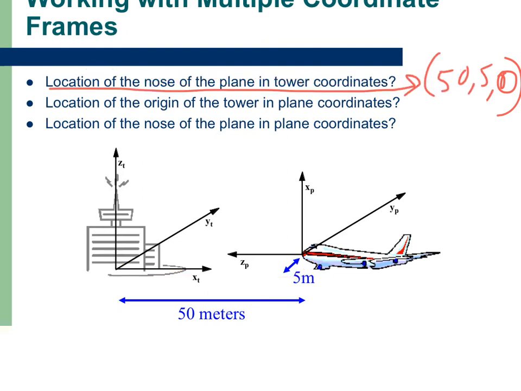Now let's talk about the location of the origin of the tower in plane coordinates. So now we're looking at the plane coordinate frame. In the plane coordinate frame, there's no difference along the first axis, the x-axis, and there is no up-down difference, so we're going to have a 0 there.